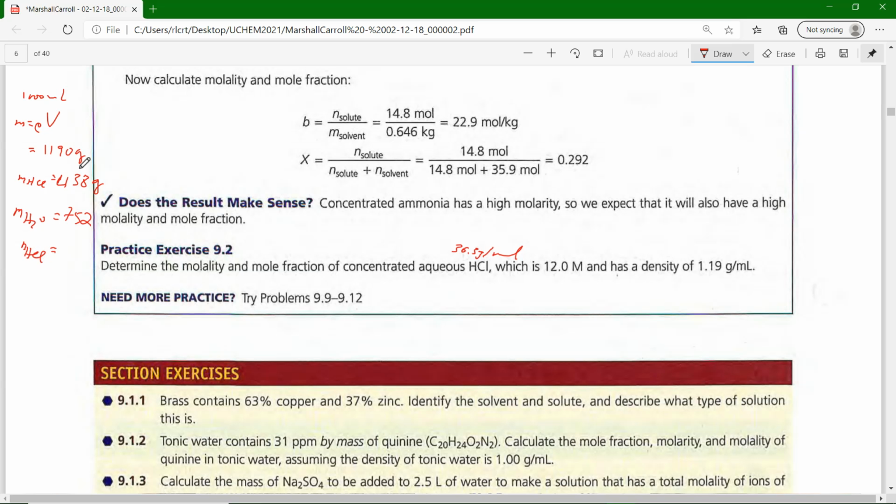Surprise, surprise, it's 12. Of course it's 12, that's what's given to us. And the moles of water is 752 out of 18.02, 41.73. Okay, so then the molality is the moles of HCl, 12, over the kilograms of solvent, 0.752. So 12 divided by 0.752 is 15.95. The book rounds it to 15.9 moles per kilogram.